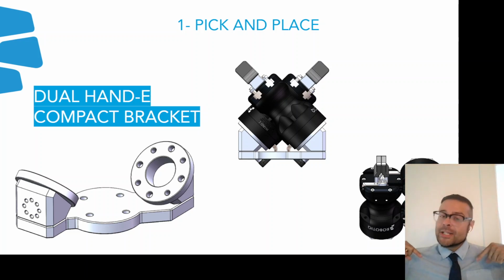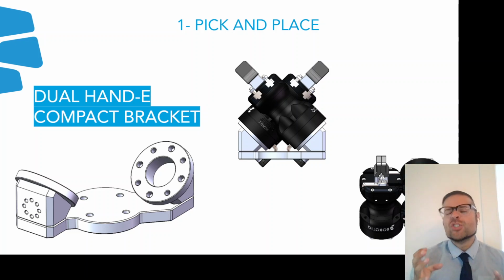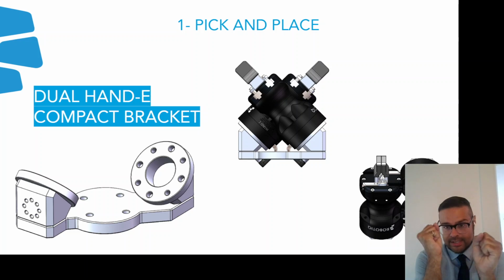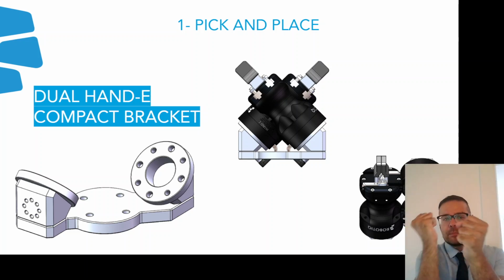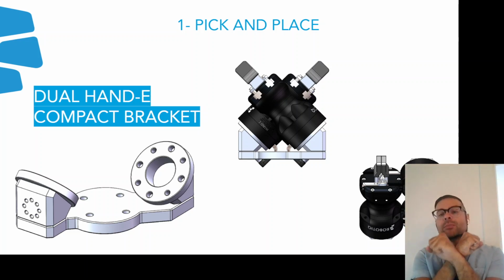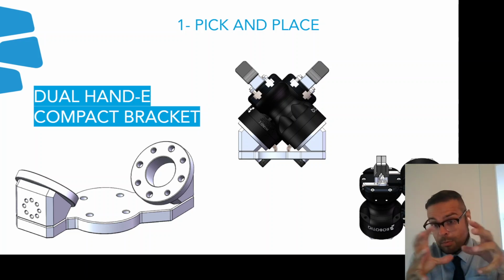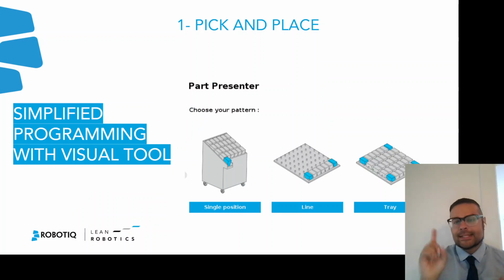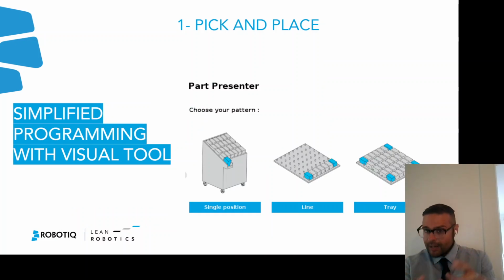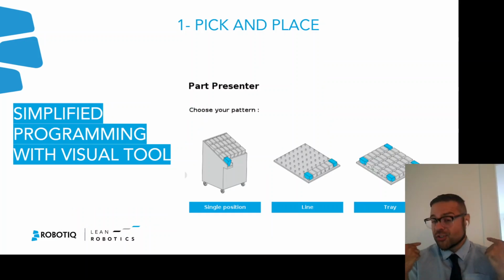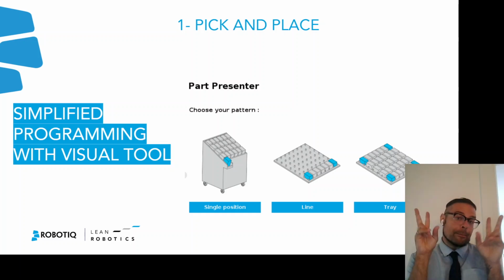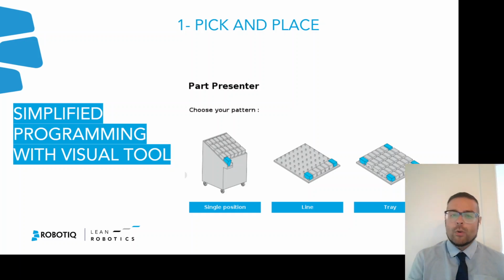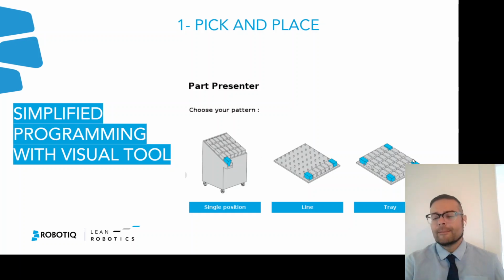We also have engineered a new, more compact dual handy bracket. It uses the shapes of the handies to make it more compact. Very, very small footprint here. Still picking and placing, so the hardware is what you just saw. On the software side, we came up with a part presenter software where you can set a single position, a line, or a grid pattern.